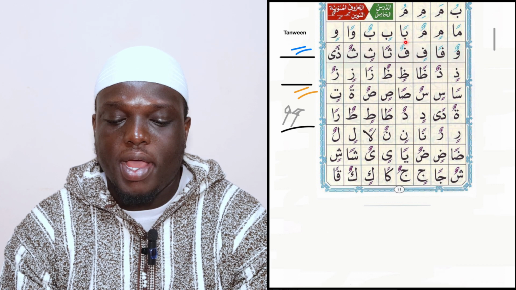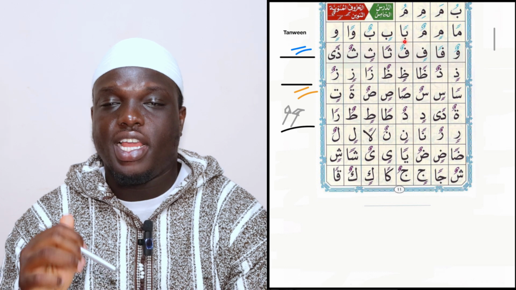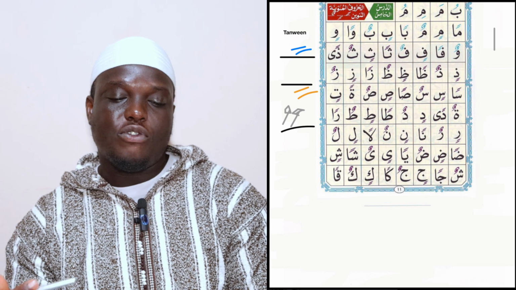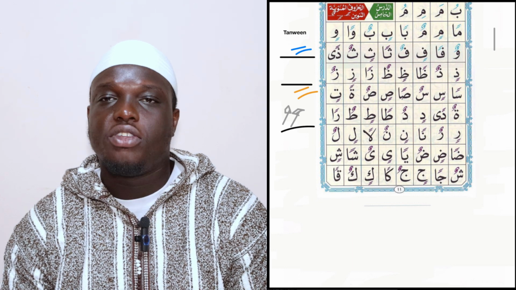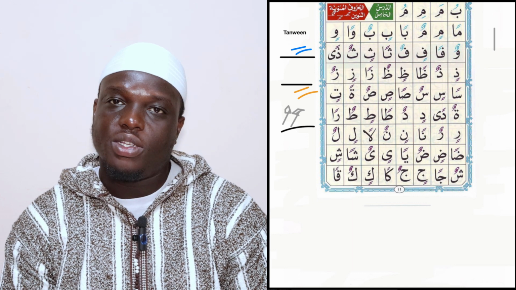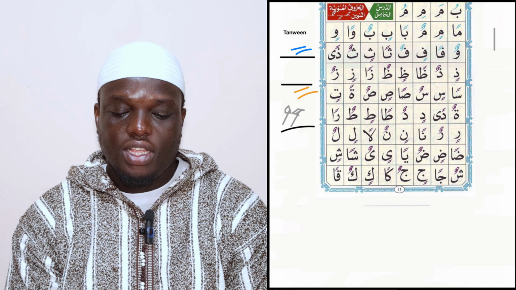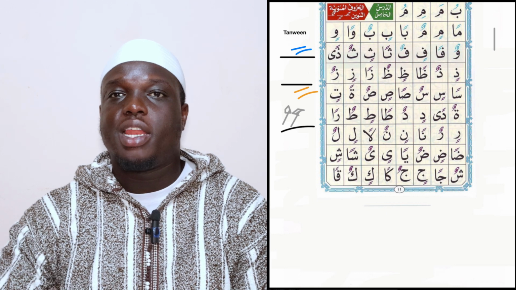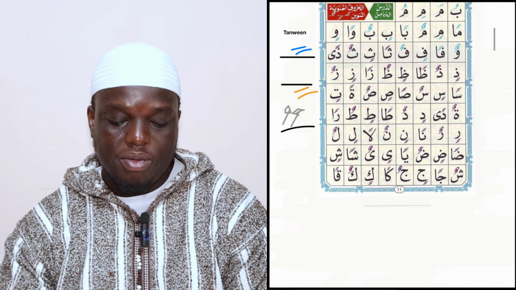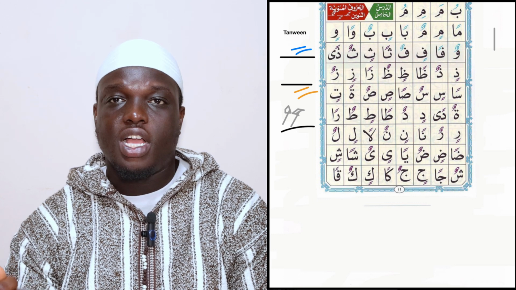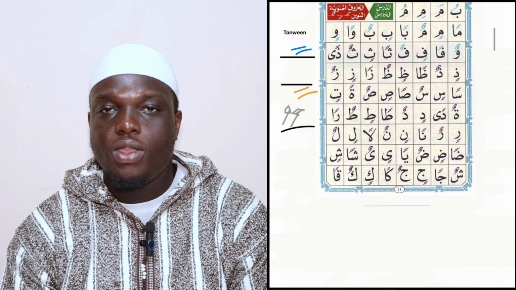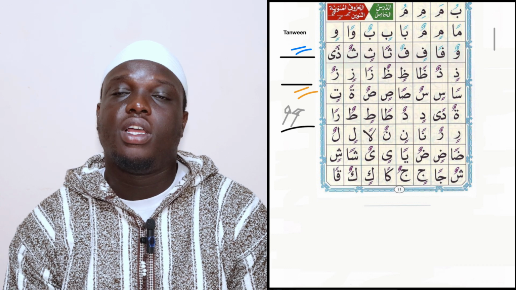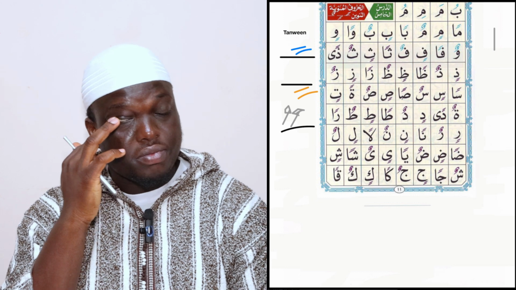Move on to the next one. Ba, we know this is ba. If you still struggle recognizing letters, you probably need to go back to lesson 1 or lesson 2. In this lesson, you have to already be able to recognize the letters when they're by themselves or when they're attached to other letters.